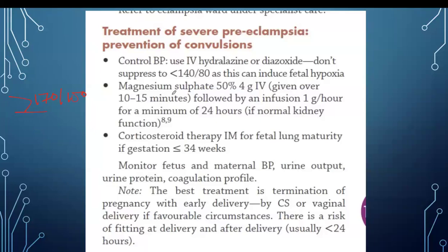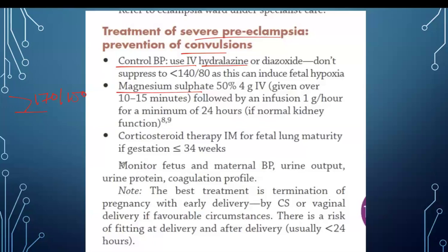For severe preeclampsia, the patient needs to be admitted to the hospital. Then we need to give an IV antihypertensive, which is IV hydralazine most of the time. We also give magnesium sulfate because a severe preeclampsia patient is at high risk of eventually developing eclampsia. So to prevent convulsion, you give magnesium sulfate.